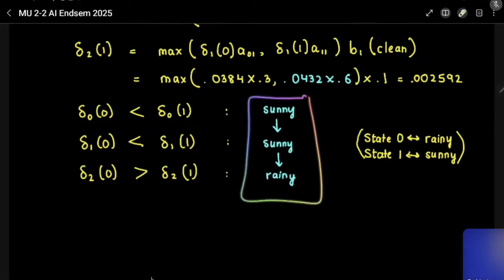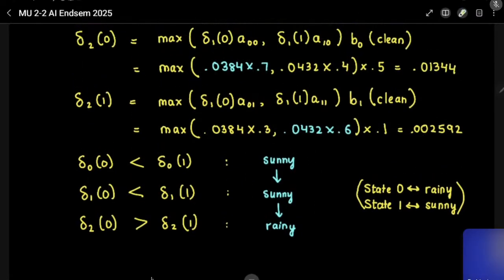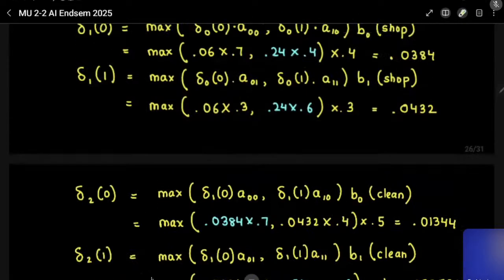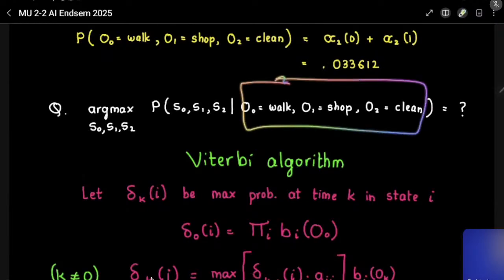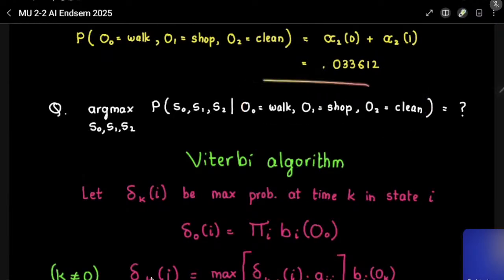This is the sequence of hidden states that could most likely give rise to this sequence of observations. Like, this will give the maximum probability.